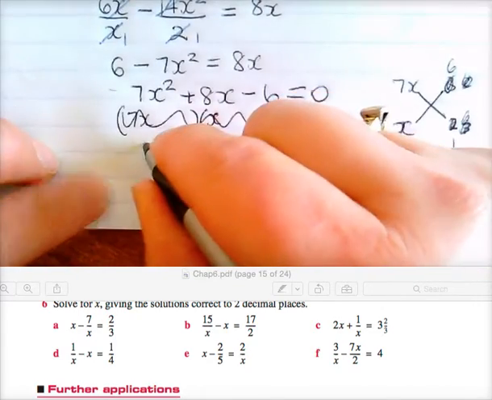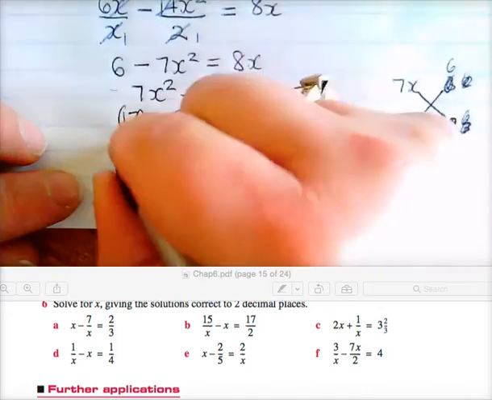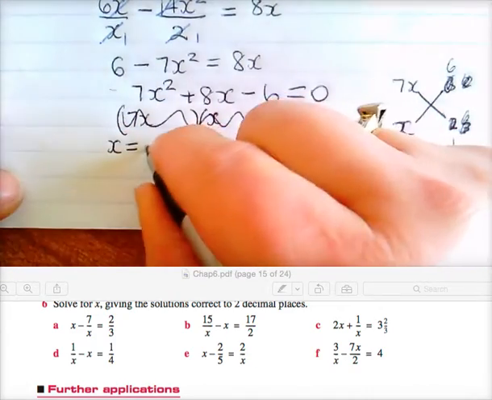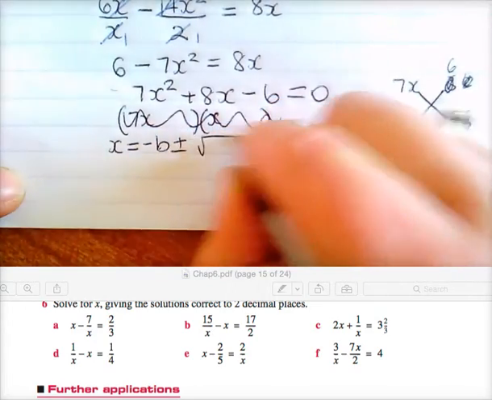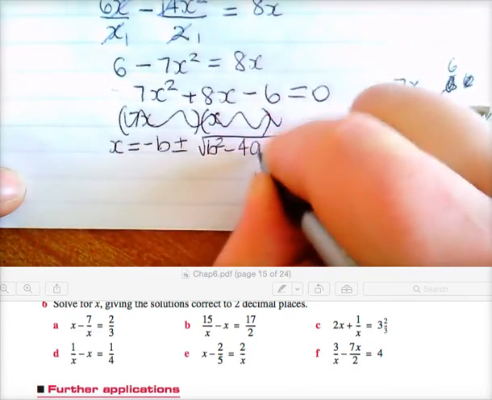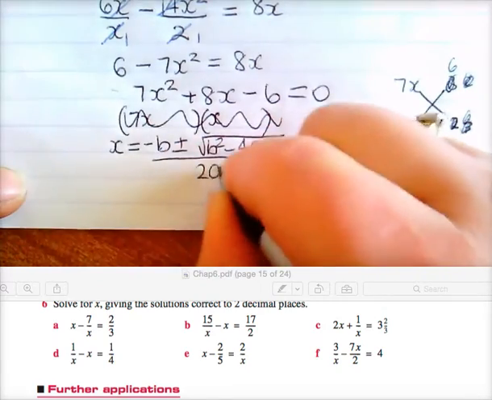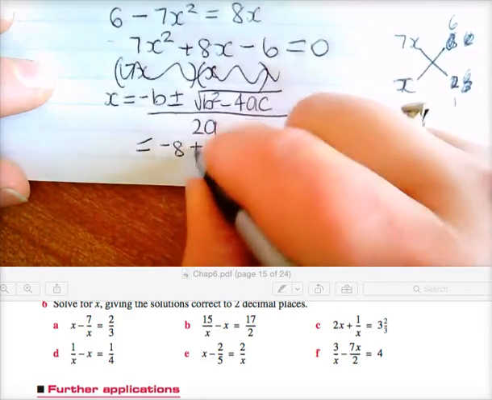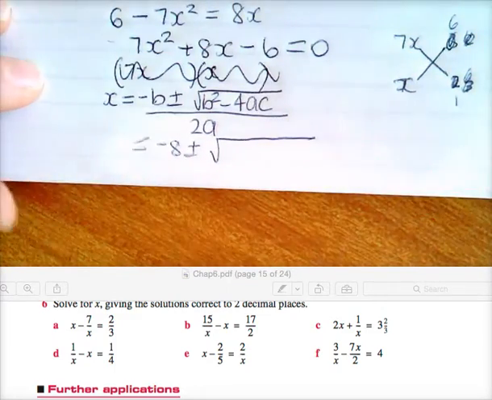Okay, all right, how do you solve it? X equals negative b plus or minus the square root of b squared minus 4ac over 2a. So it's negative 8, plus or minus the square root of. What's b squared?